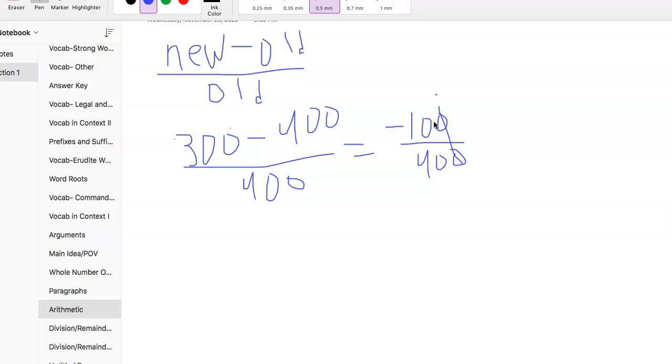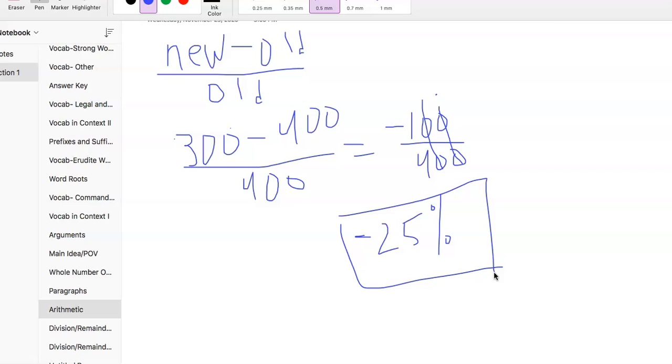We can cross off those zeros, and now we just have negative 1/4. 1/4 as a percentage is 25%. And we'll throw a negative on there because it's a discount, the price went down.